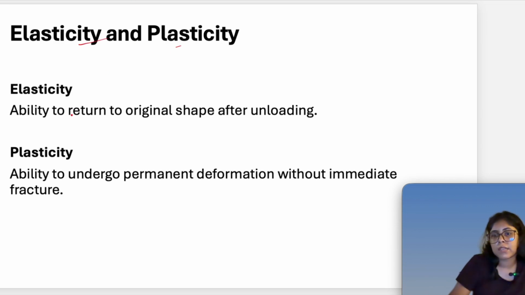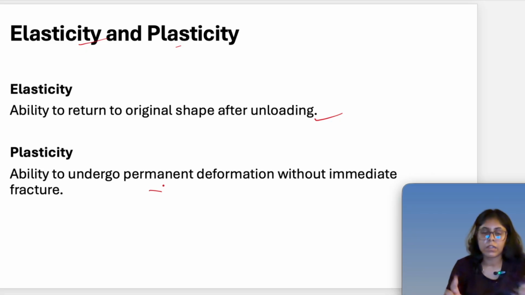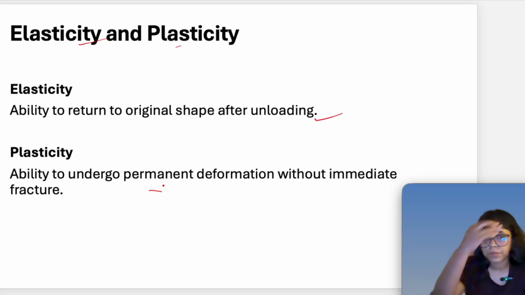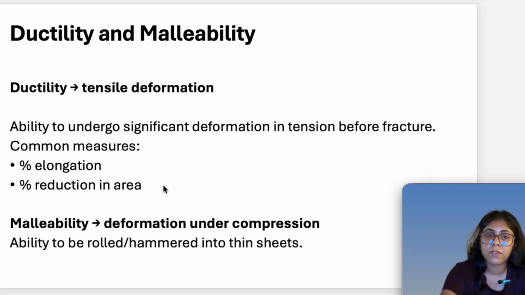Elasticity is the ability to return to its original shape. This also shows in the stress strain curve. Plasticity is the ability to undergo permanent deformation without immediate fracture, right? So this is also a very important term that we should understand. And then it also shows the ductility and malleability.